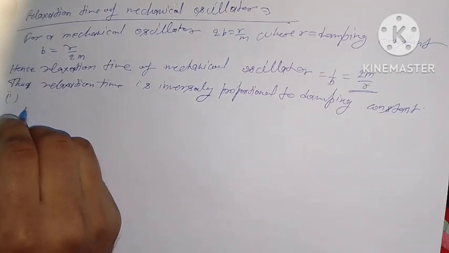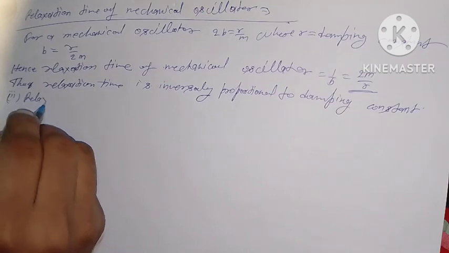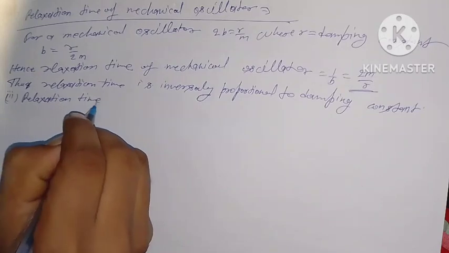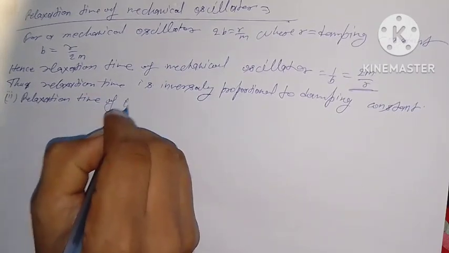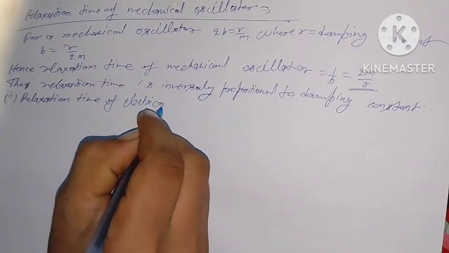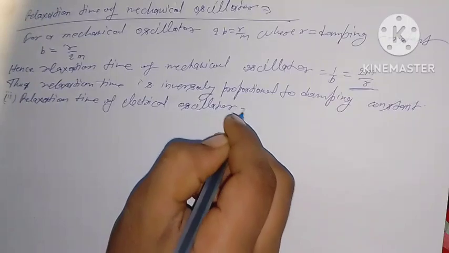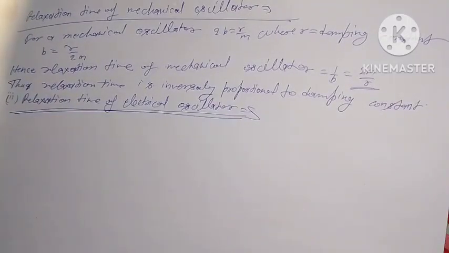Next is relaxation time of an electrical oscillator.